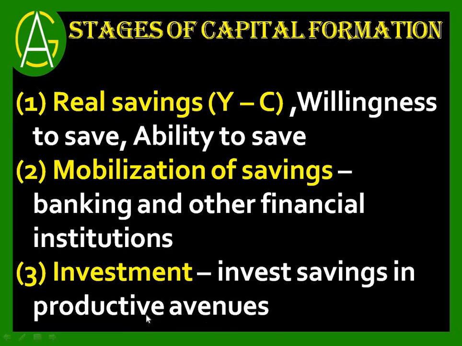Now when these are given as a loan for productive purposes, they will be considered as investment, and this whole process is known as the process of capital formation. So the savings made here are converted into capital here. So this is the process of capital formation. Now the next factor of production is entrepreneur.